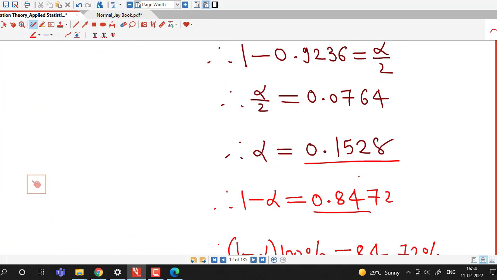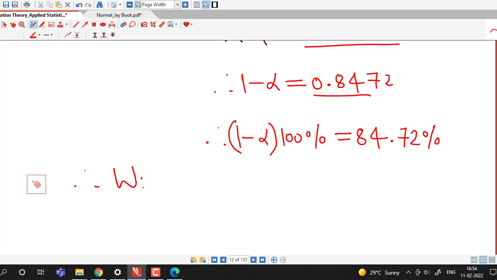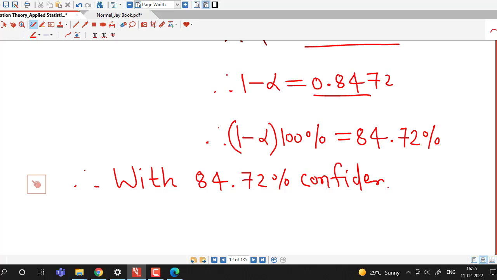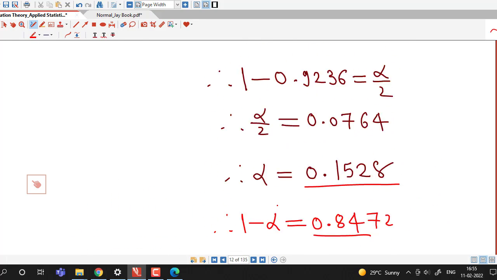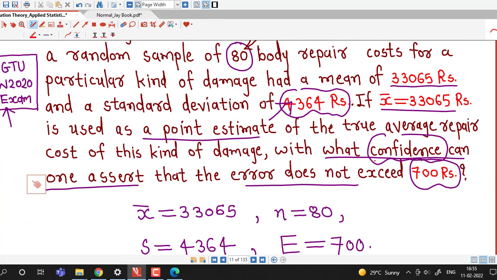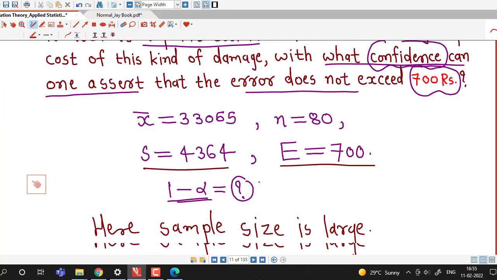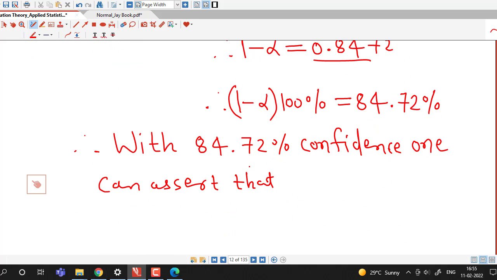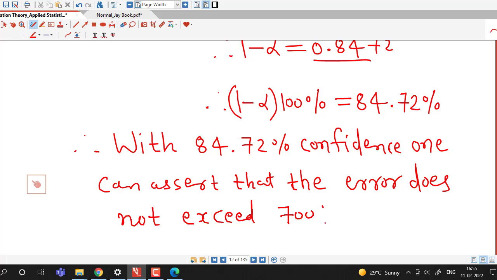So we can write that with 84.72% confidence, one can assert that, we have to write whatever is asked in the language, we can assert that the error does not exceed 700 rupees.